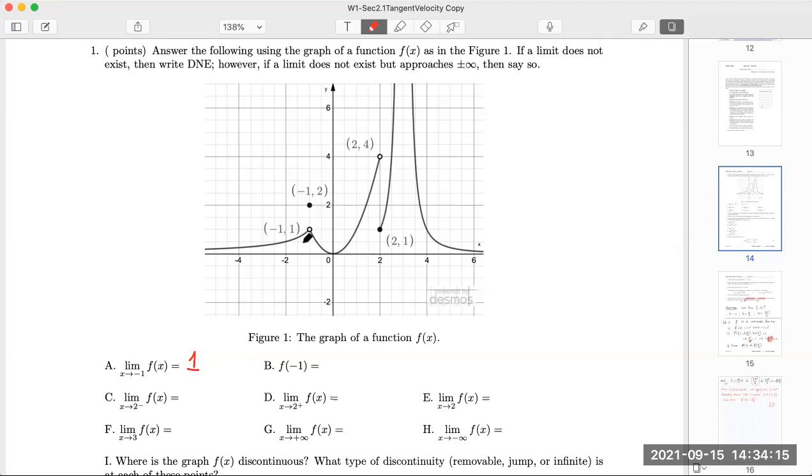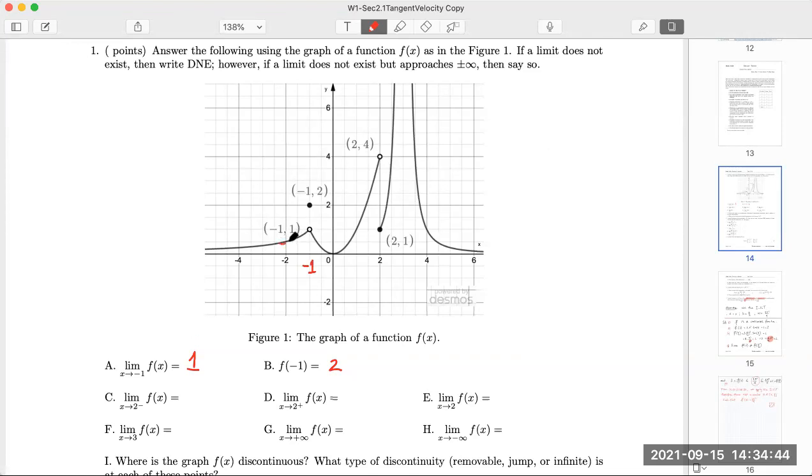Why is it 1 and not 2? Because it is the limit. At f, we see from the graph, f of -1 is equal to 2. But the limit means that when x comes closer and closer to -1, f of x will follow this path.